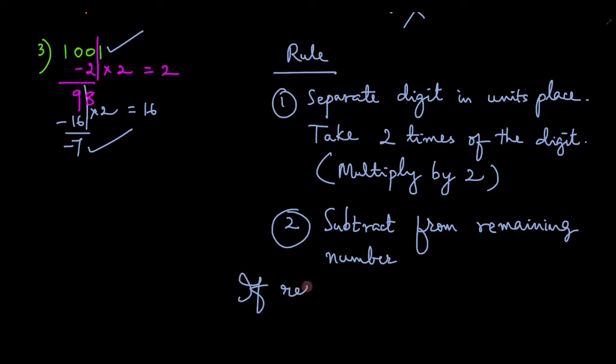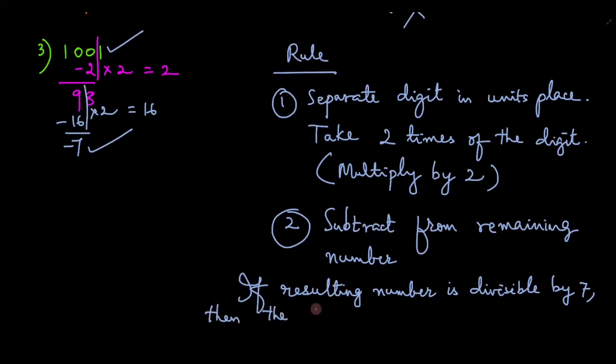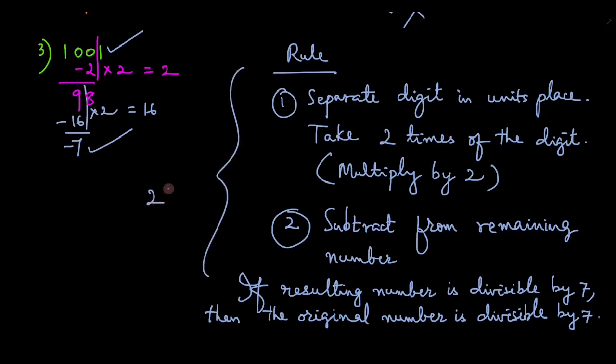If the resulting number is divisible by 7, then the original number is also divisible by 7. So this is the first rule, prepared using 21.